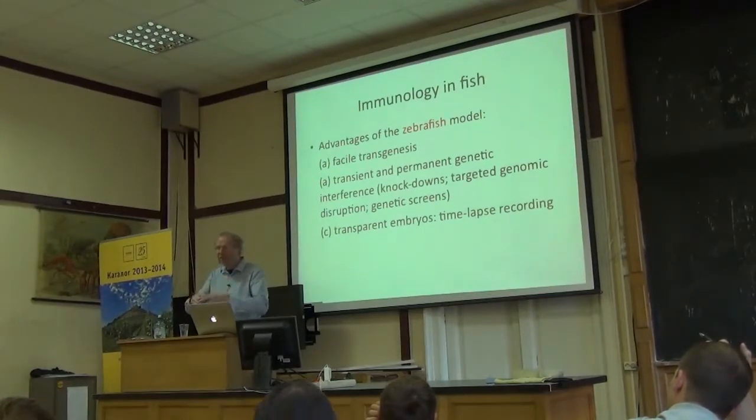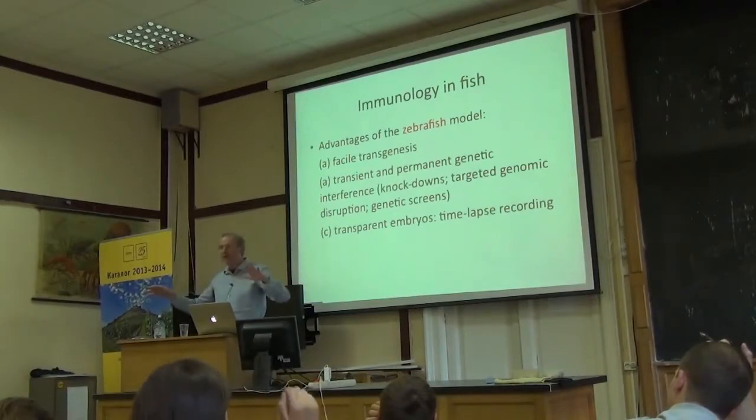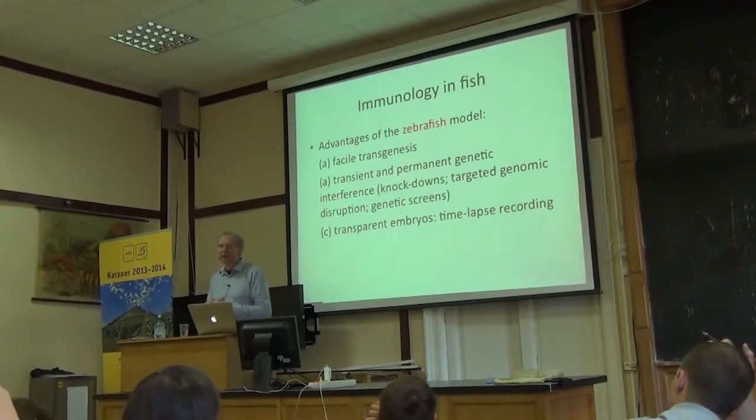So you inject once and then the embryo grows. The effect is diluted out, so this is only a transient effect, and you can normally see these effects for the first 3-4 days after fertilization. But nonetheless, for many instances, because development is very rapid in these fish, as I will show you later, that can be quite useful.